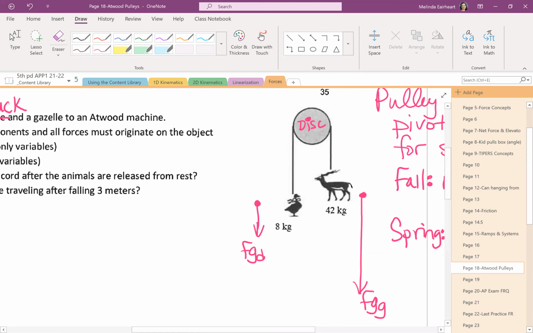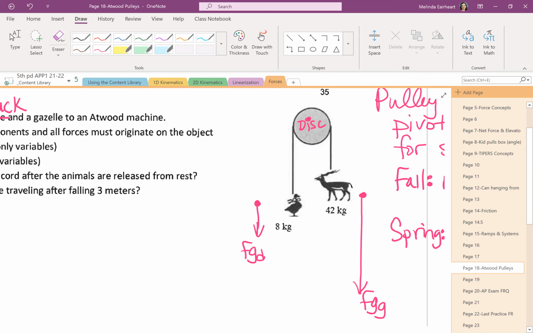Now each of them has a string tied around their waist, right? Their waist, not their necks. The tension in each string pulls parallel to the string. What direction is the tension force on the duck? What direction is the string pulling on the duck, object 1?